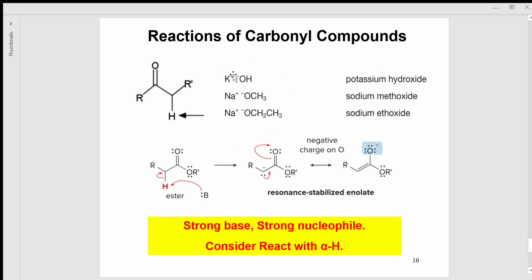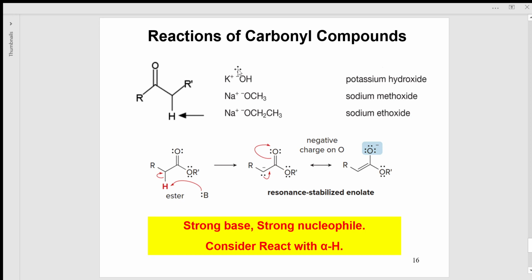Another strong base. These are very strong bases. These are also very strong nucleophiles. So if we have this kind of strong nucleophile, strong base, with carbonyl molecules, at this stage I strongly recommend you just react with the alpha position, alpha hydrogen. This is just the surface, so it acts as a base, not a nucleophile, to attack this carbonyl carbon.